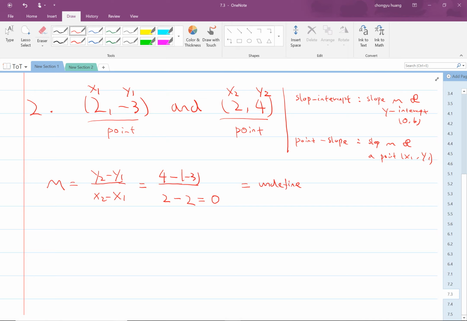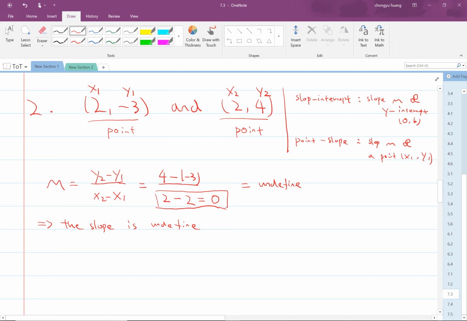Because if you focus on this part, the denominator just cannot be 0. If the denominator is 0, then it is undefined. And so you find that here the slope is undefined.